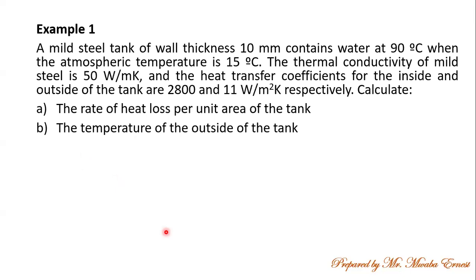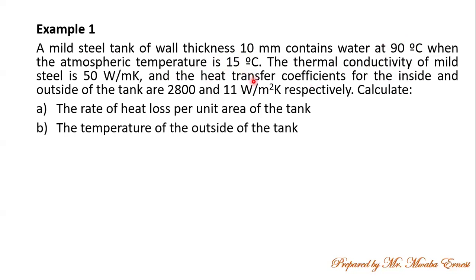In this example, we have a tank which is made of steel. Thickness of the tank, 10 millimeters. The water inside the tank is boiling at 90 degrees Celsius. Outside the tank, the temperature is 15 degrees Celsius.